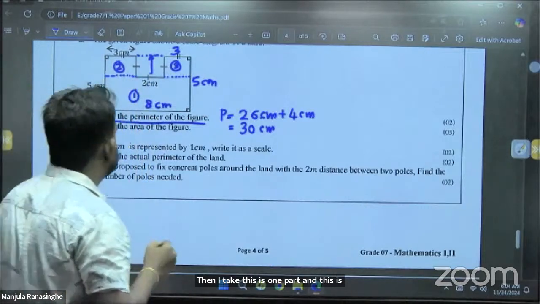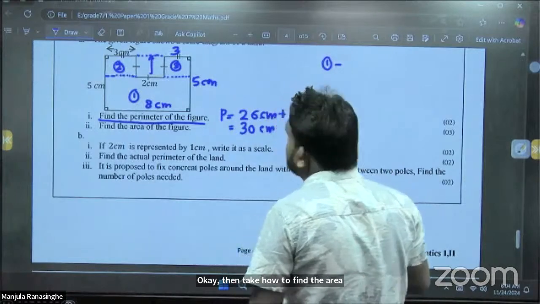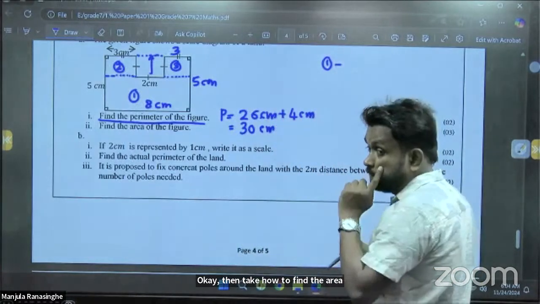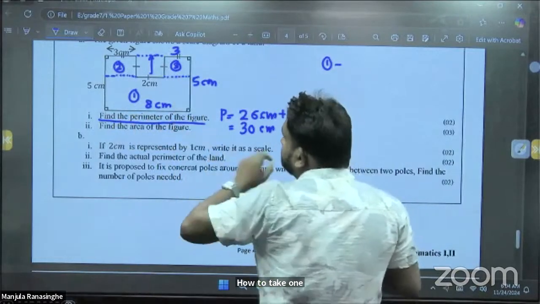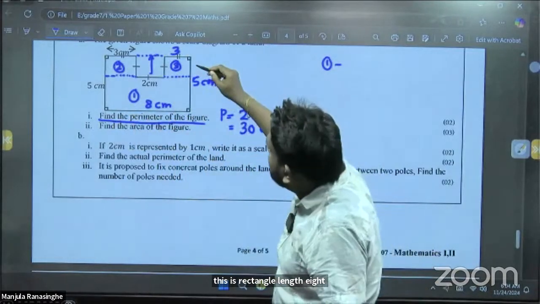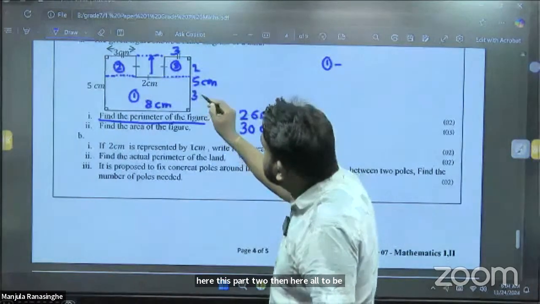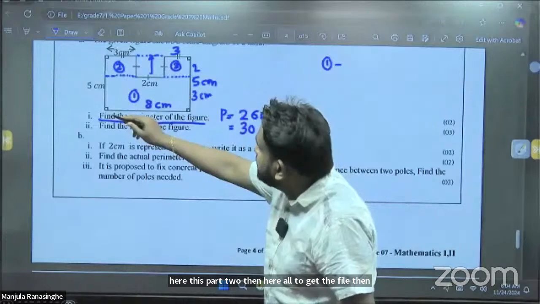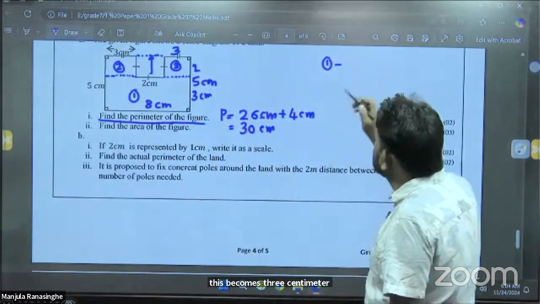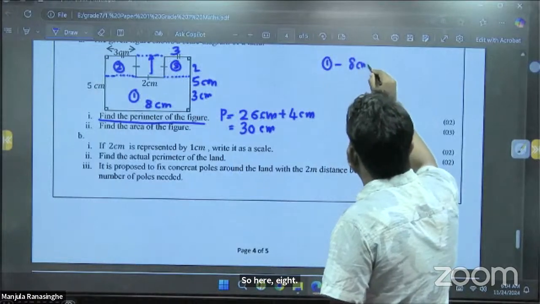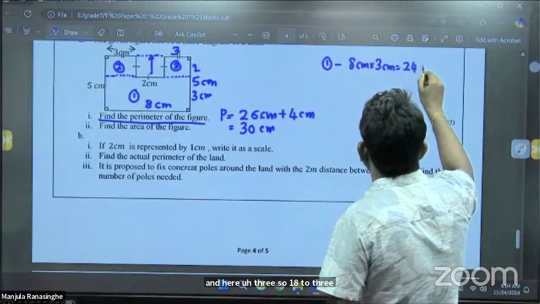How to find the area of part 1? This is a rectangle, length 8, breadth how much? Here this part is 2, and all together 5, so this becomes 3 centimeters. So 8 into 3, 24 square centimeters.